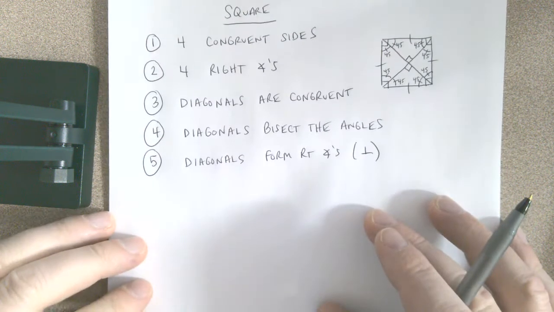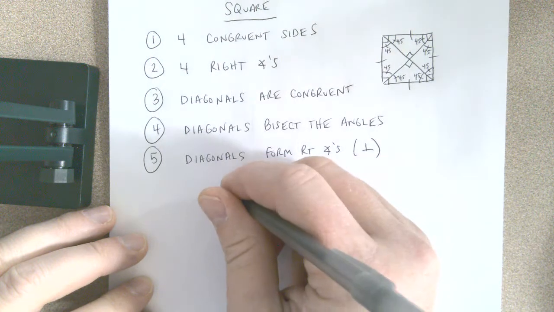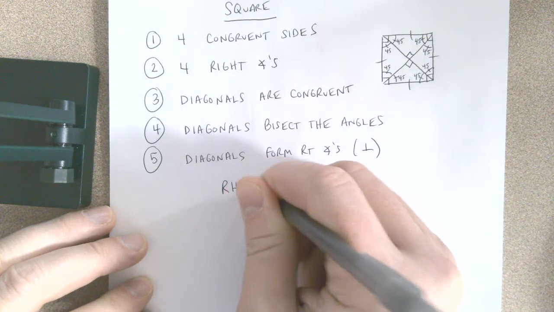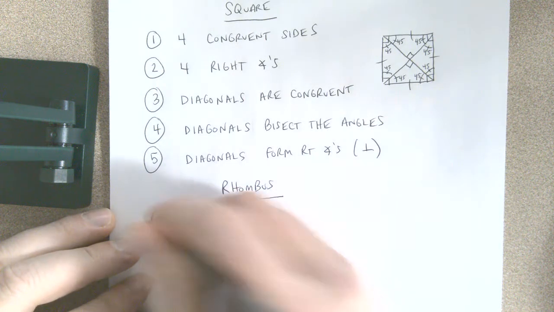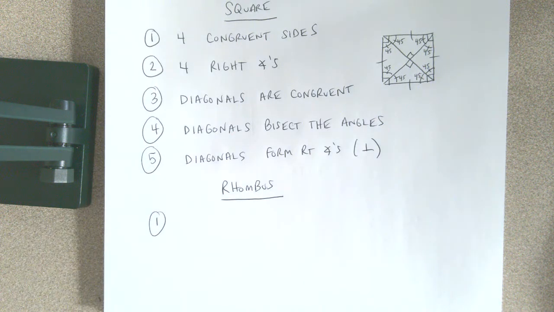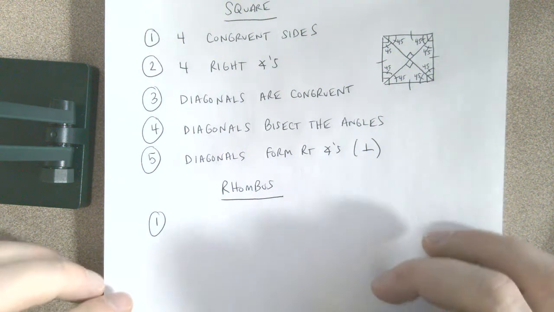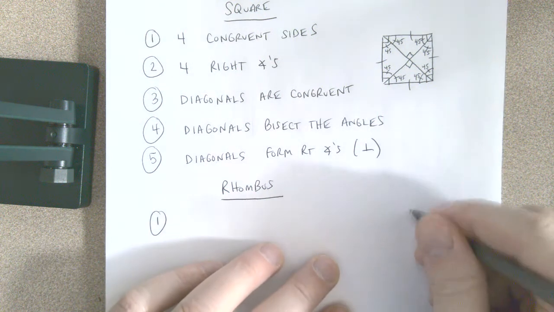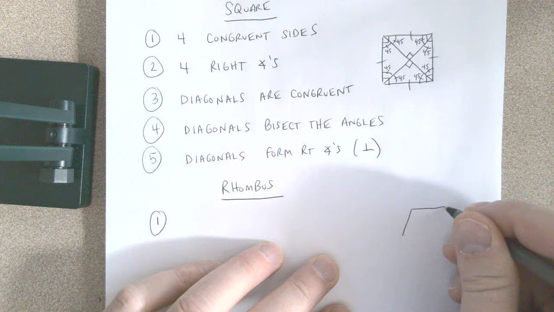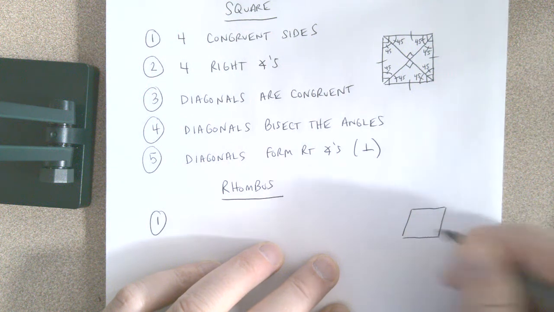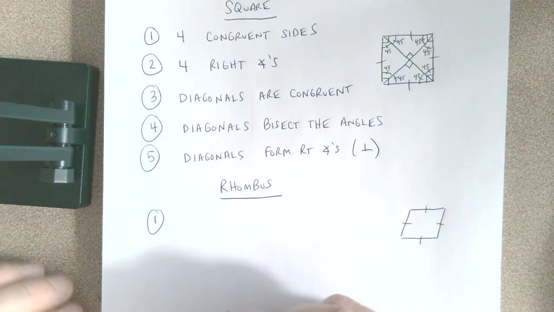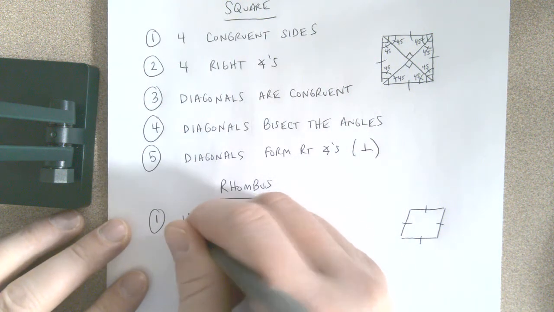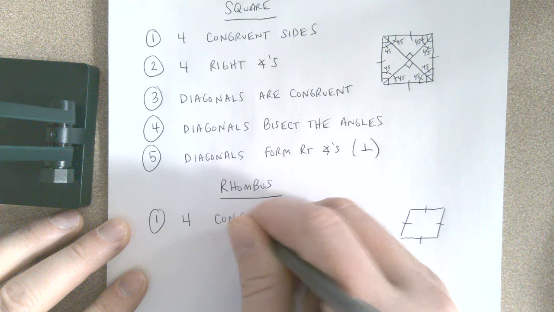Okay, the last one that we're going to talk about today is a rhombus. The main characteristic of a rhombus is that it has 4 congruent sides, just like a square.